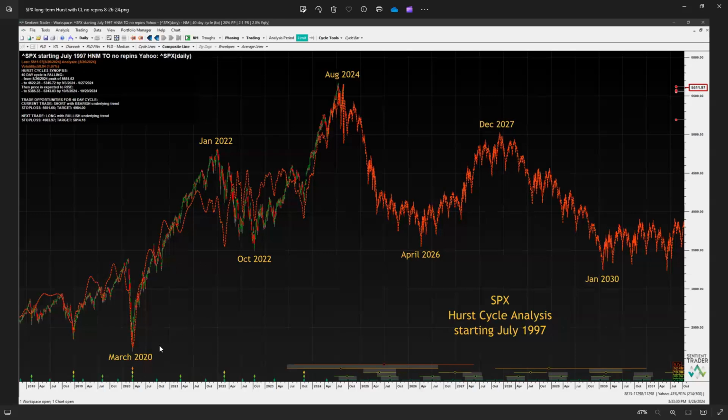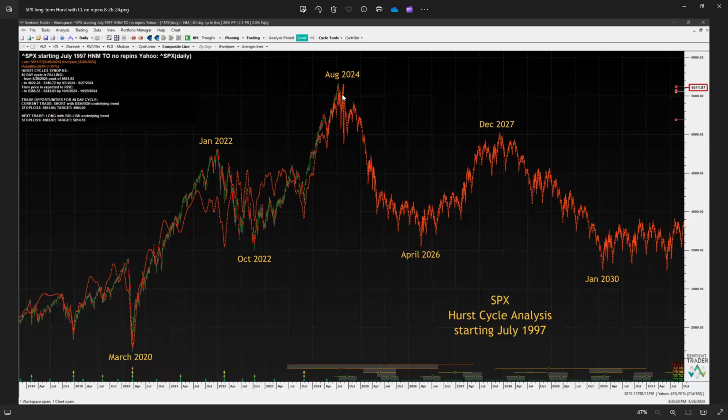And what it does is it figures out where some cycle troughs occur. And then it also figures out about 12 different simultaneous cycles that are working in the markets. And it averages each of those cycles together, and it comes up with a composite line. The orange line is the composite line. So we're about right here in August of 2024 right now.